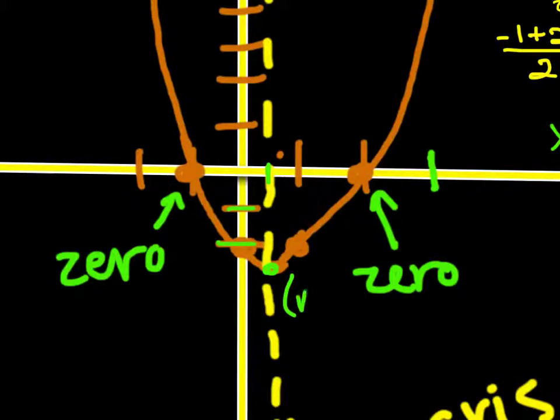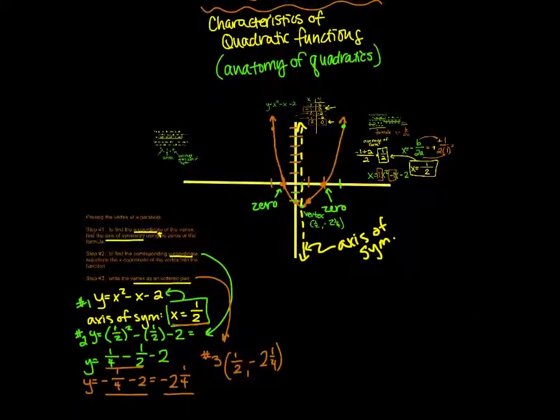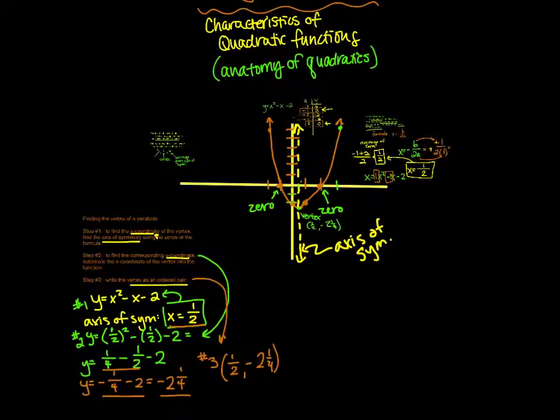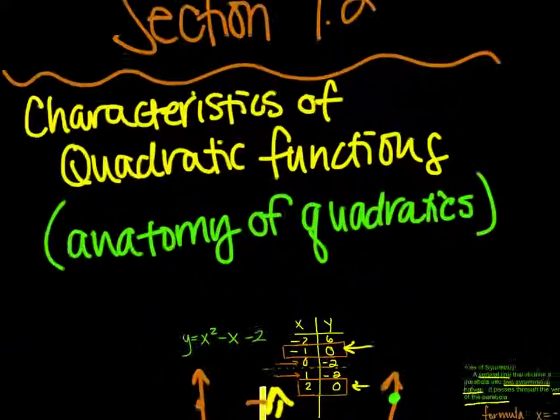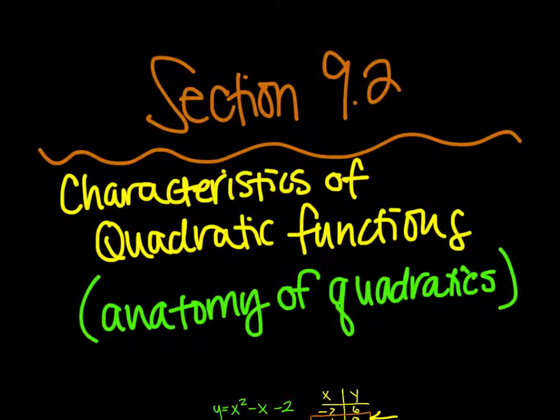So our vertex is at 1/2 and negative 2 1/4. So that is the last little step we need to do for section 9.2. I hope this helps, and I hope you can use this to make up any homework that you have missed. Thank you.